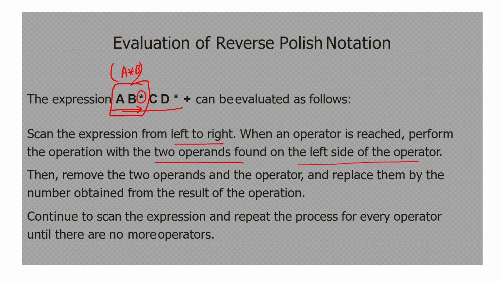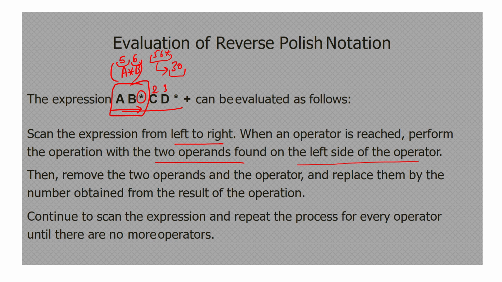So suppose this was 5 into 6, so this will be 30, so this will replace 5 and 6. In other words, we can say 5 6 star can be written as 30. Now the next numbers came up, 2 and 3, and then again multiply.